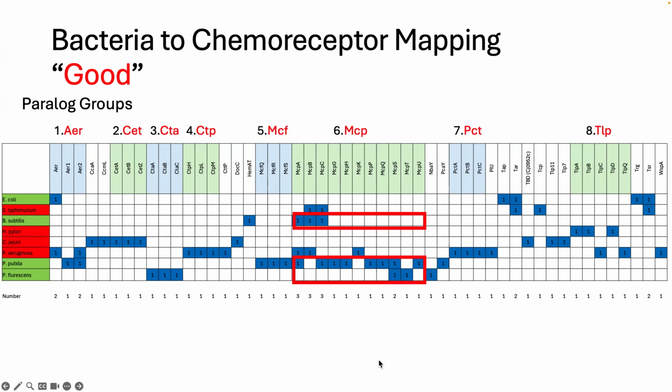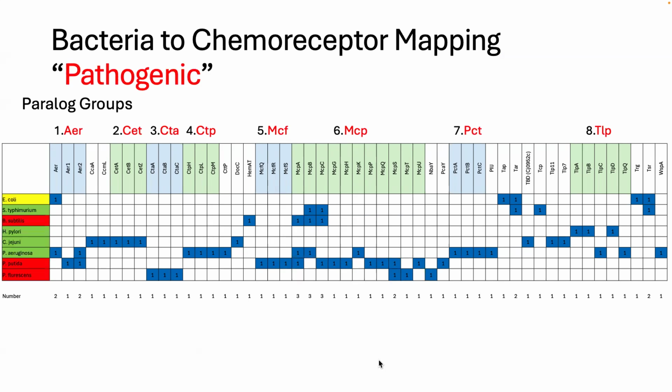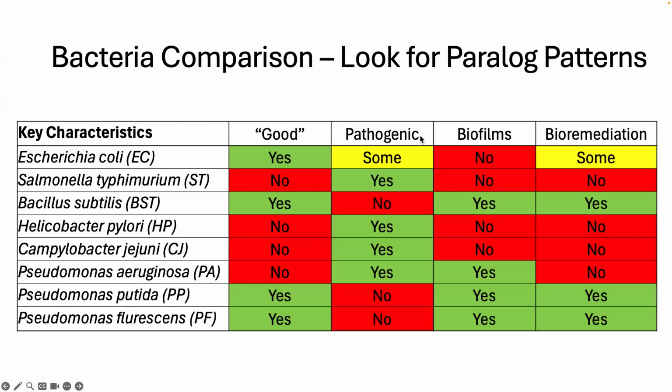So that's for the good guy that we see some interesting areas that we could explore, things that go across that paralog group. For pathogenic, I'm using a different one from this group here. This is the second one over there.